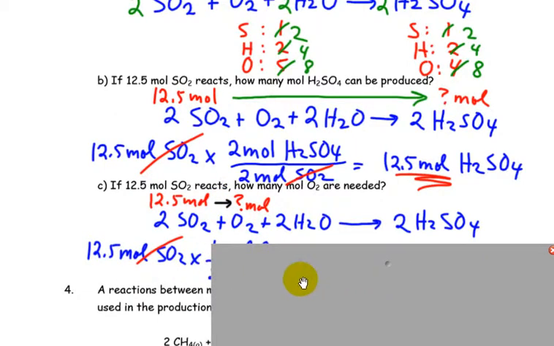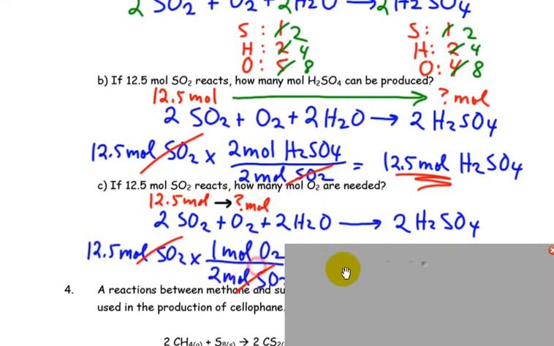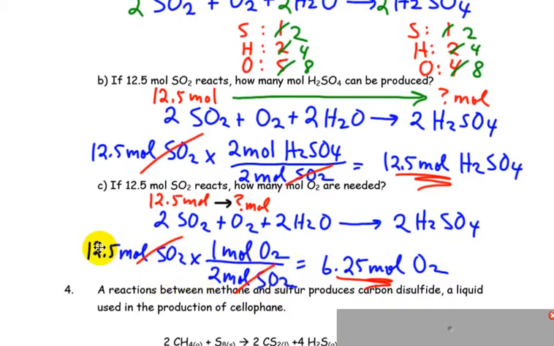So 12.5 moles of SO2. This time we're going from SO2 to O2. It's a 2 to 1 ratio. So units cancel. 12.5 times 1 divided by 2, 6.25 moles. And of course 3 sig figs there because there's 3 sig figs in the question.